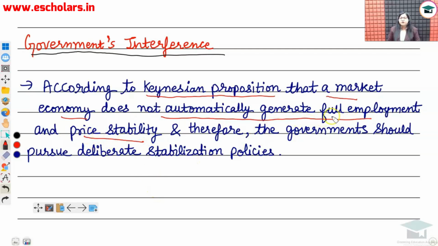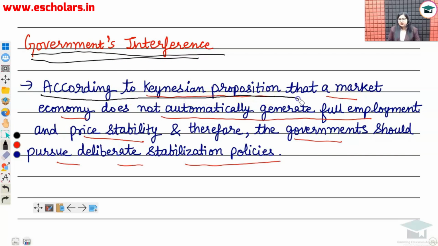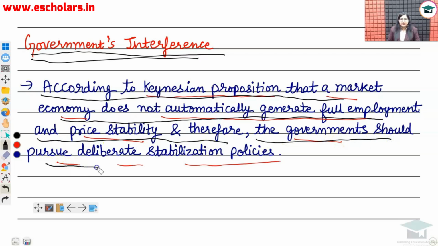If we want to have full employment and price stability, then the government should pursue deliberate stabilization policies. That is, the government should implement the stabilization policies. Okay. So let's have a look. Government's interference. According to the Keynesian proposition, a market economy does not automatically generate full employment and price stability, and therefore the government should pursue deliberate stabilization policies.